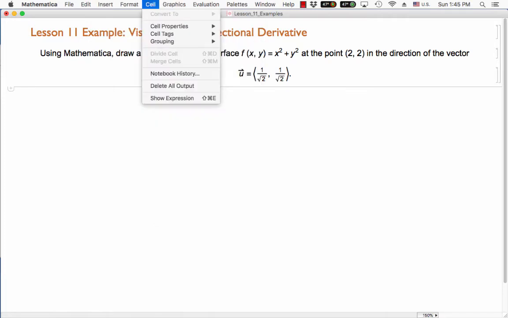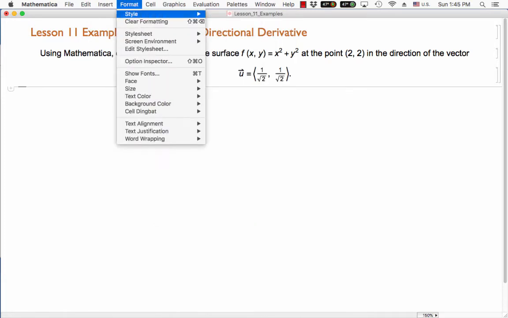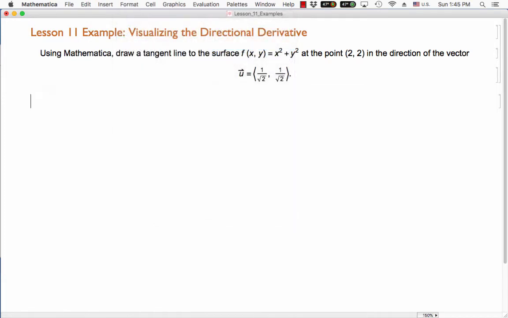So I'm going to go ahead and format a new cell. I'll do a subsection. So this is a solution. And we'll call this visualizing the directional derivative. And that's what we'll use the notation d sub u of f at the point AB.